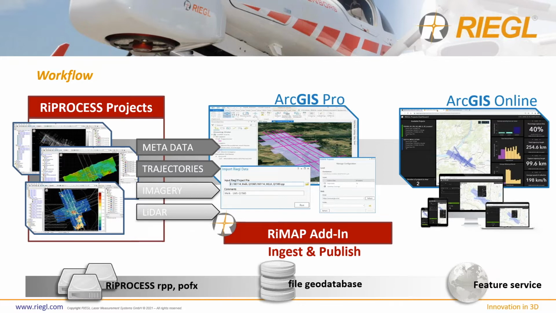The extracted metadata coming with the projects are available as features within the geodatabase tables. And this data can then be published to ArcGIS Online. And from this published data, we built web applications and dashboards to make this information available to others.